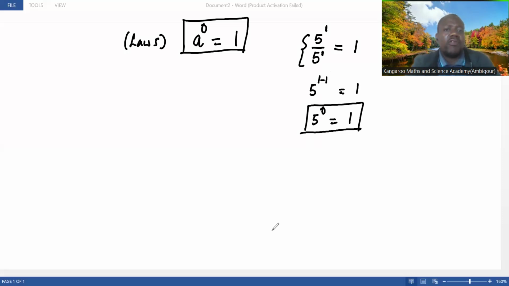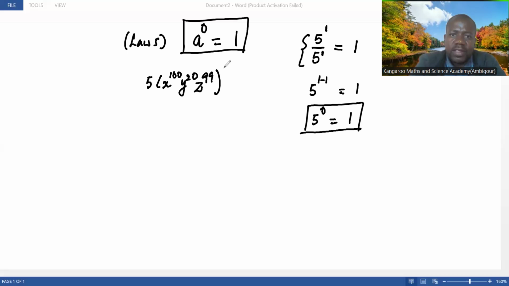I strongly believe you're following. And this is very important. Imagine you have something like this: 5 into x to the power of 100, y to the power of 20, z to the power of 99, everything to the power of 0. How do you simplify this? Obviously, the 5 is outside the brackets, so we'll just have 5 into.